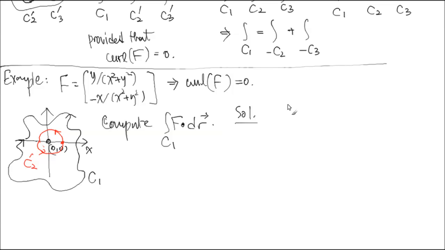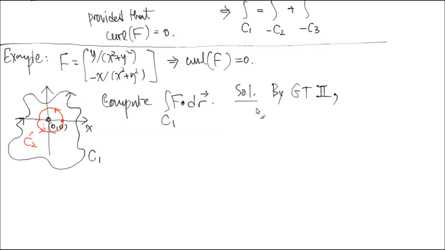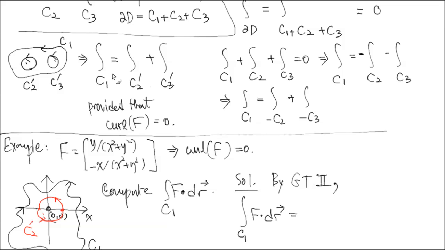So by Green's theorem version 2, the line integral of the vector field F dot dr is equal to, let's see, here C1 is outside, counterclockwise rotation, which is the same as the sum of the counterclockwise rotations inside. That's what that says, right? As long as it's analytic in here.